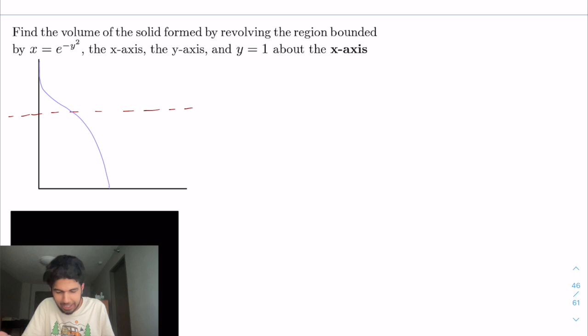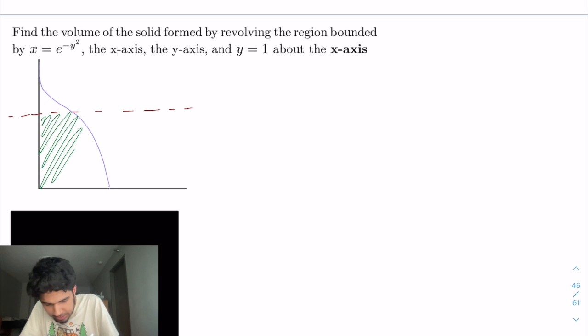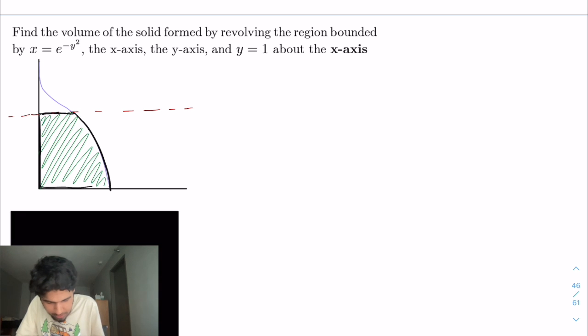So when we draw the actual region being bounded, it's this green area here. I'll just highlight the actual bounds of the region in black. So this is the region we're dealing with here.